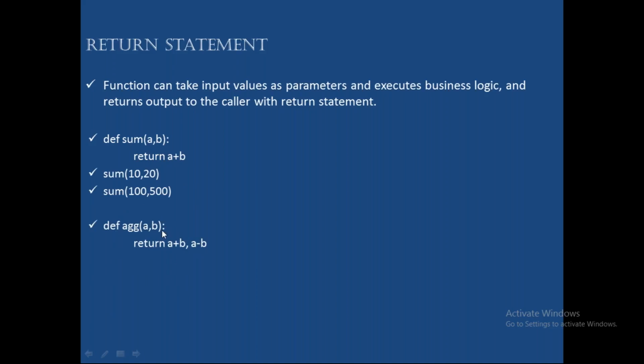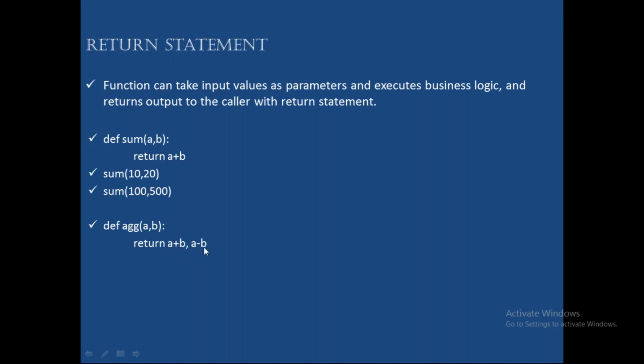So def aggregate(a, b). The main advantage of the Python return statement is that you can return multiple values. But in Java, in C, C++, or any other language, we can return only one value. In Python, we can return multiple values. Say some calculations: a plus b, a minus b.